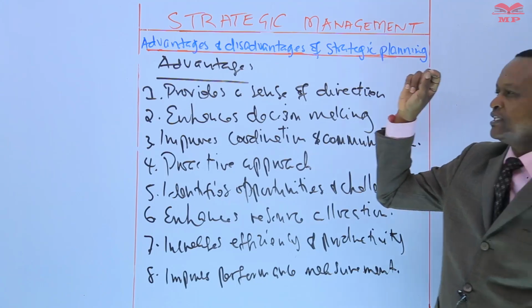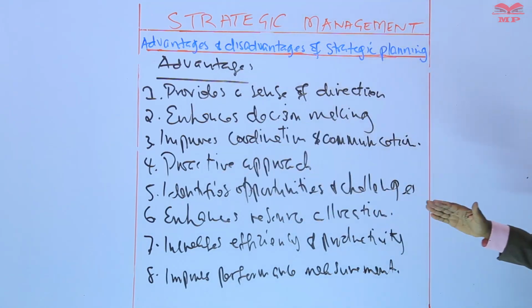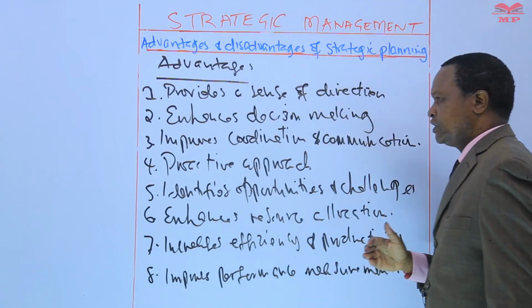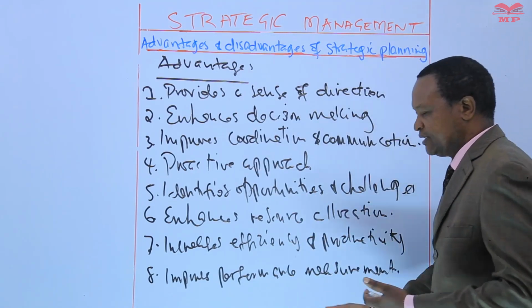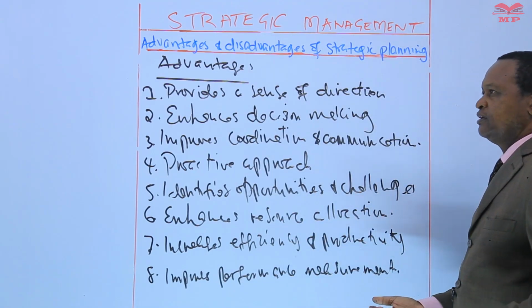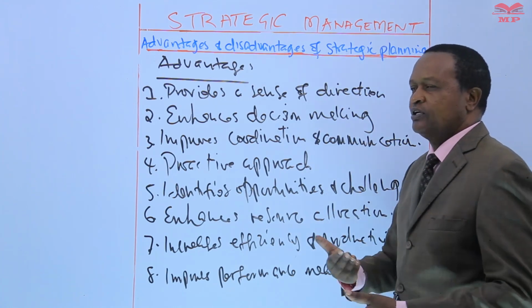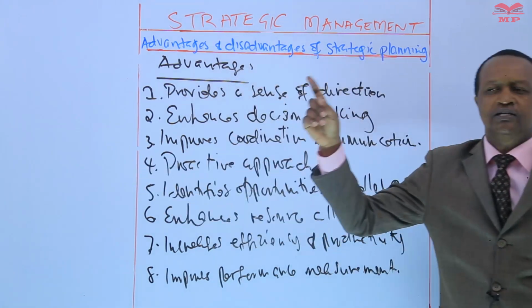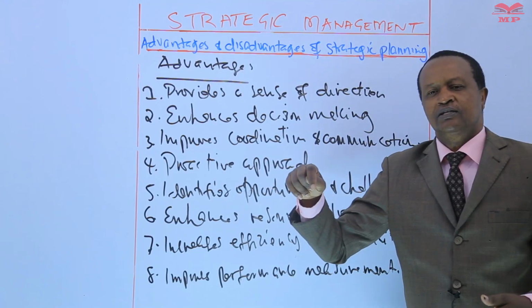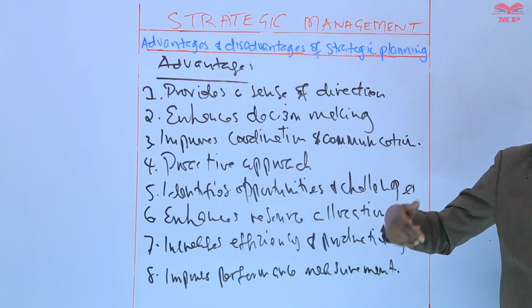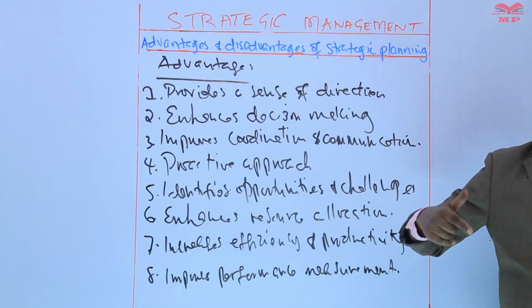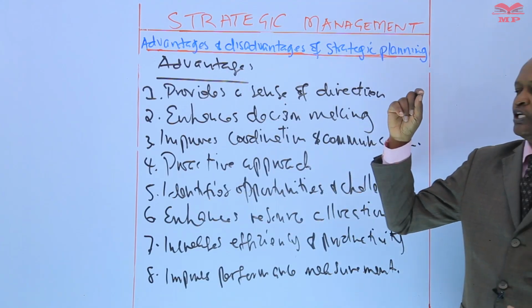So once the target has been set, the organization moves towards achieving that target by implementing alternative courses of action, because we say that strategic planning is the process of identifying long-term goals, then determining the best course of action to achieve them.